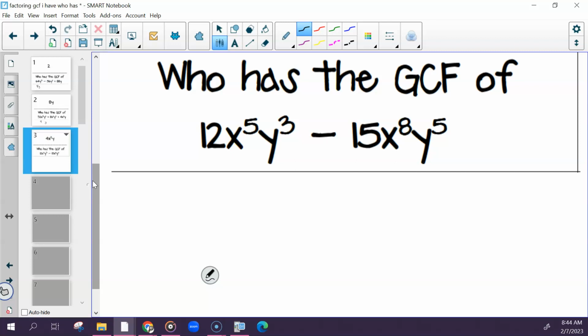Find that next GCF. What was the GCF number for that? 3. So everyone that has a 3, look at that card. See if your variables match.